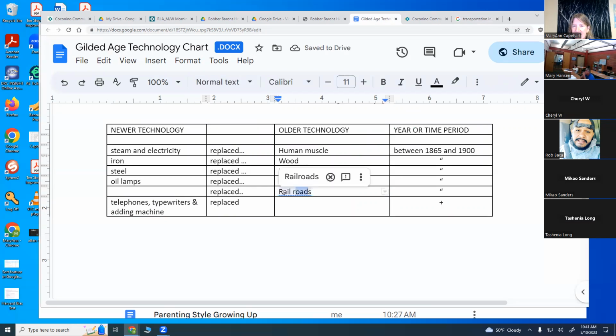Try to get this right. Railroads were huge.